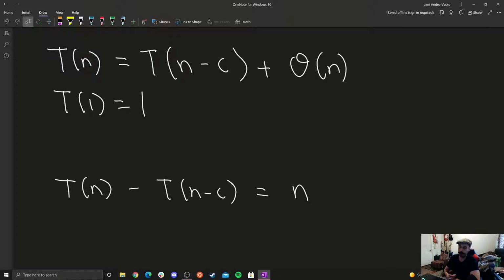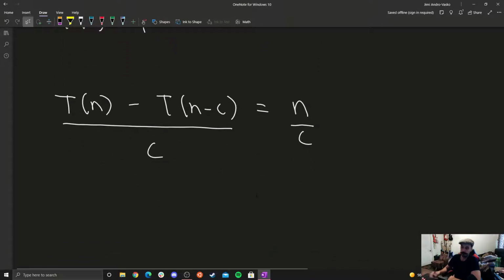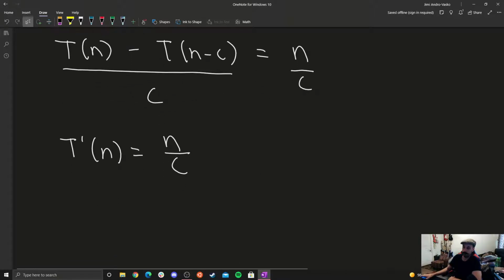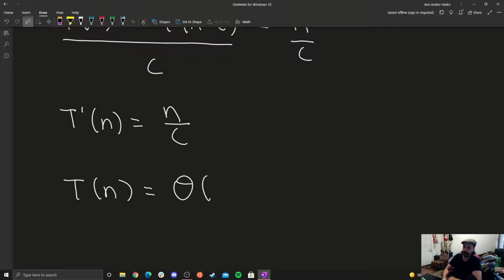I could even pick c times n if I wanted to, but I'll just choose n. And then we divide both by c. So c is a constant, so T prime of n will be n over some constant. Therefore, T of n will be theta of n squared.